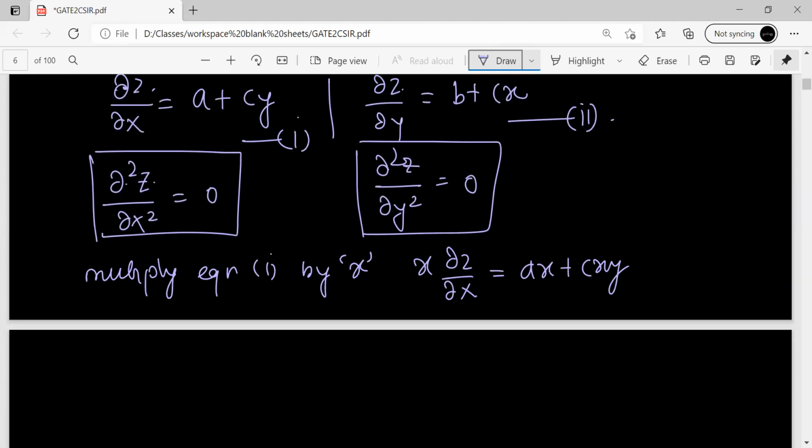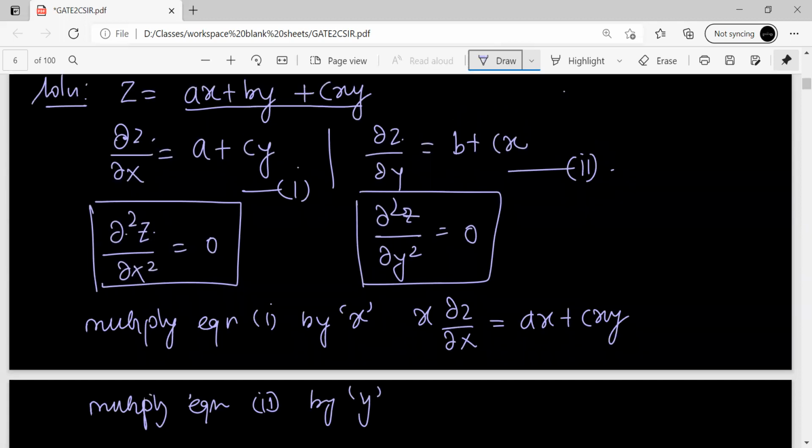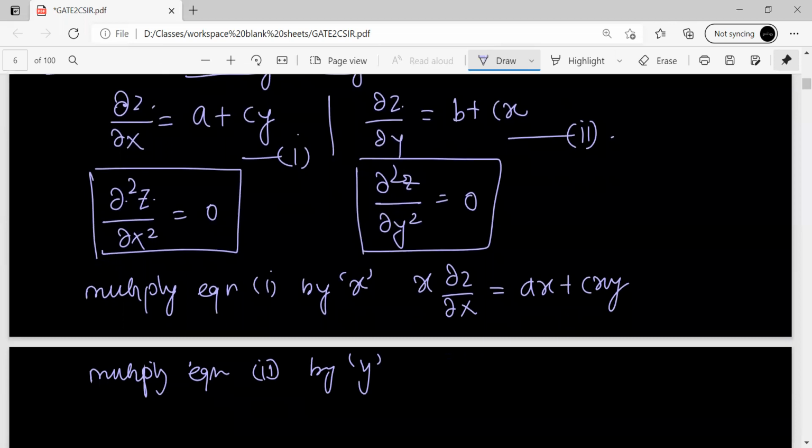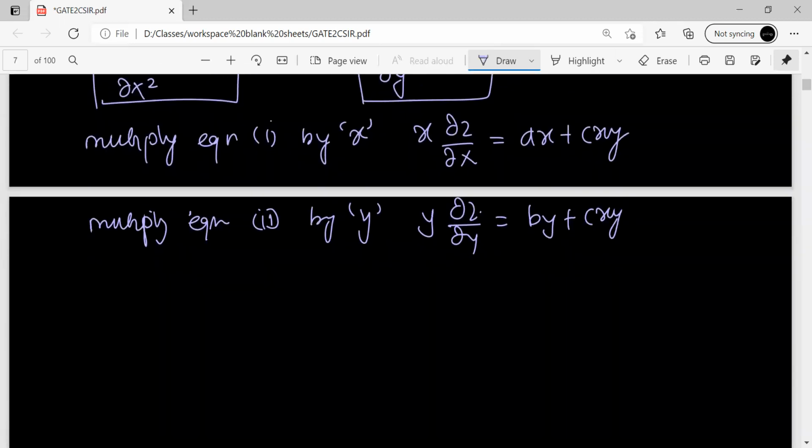And similarly, I'll multiply equation 2 by y. So in that case, I'll be getting y del z over del y equal to by plus cxy. Now I'm just going to add them. So equation 3 and equation 4, I'll add them.